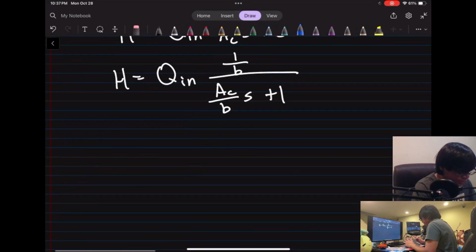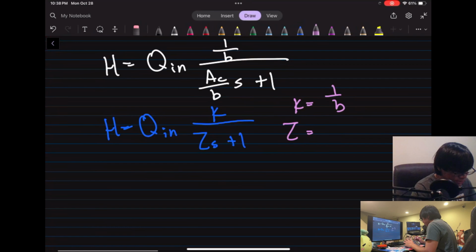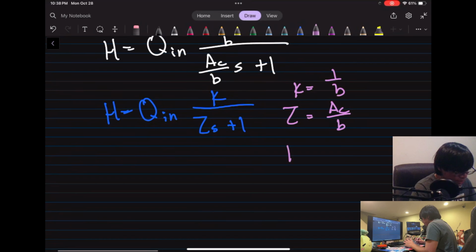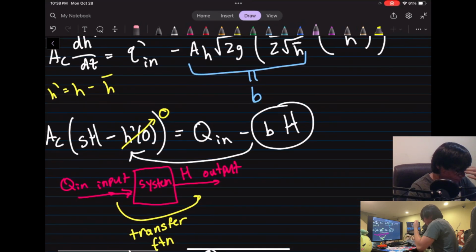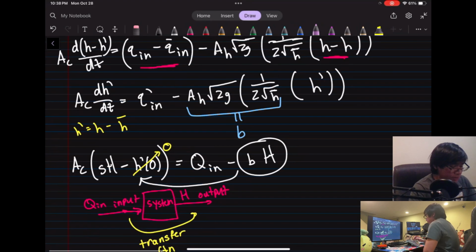So now you'll notice that for our same first order transfer function, to get the same expression, we have now related K is equal to 1 over b, and tau, the time constant, again, K is the same game, tau, the time constant, is cross-sectional area over b, and that's of the tank. Then b is what we wrote as our expression relating the outlet flow. So, of course, times our height, which is in the Laplace domain now.